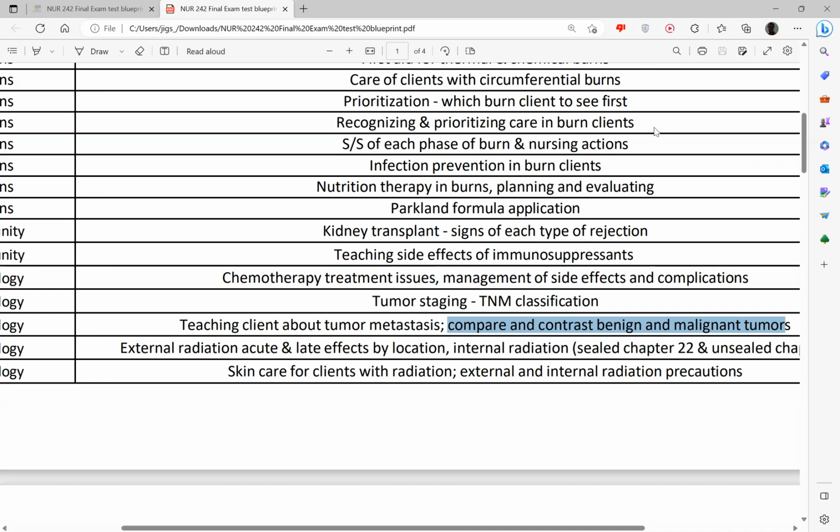Which one is poorly differentiated? Malignant. What does differentiation mean? It means the cell resembles the original body cells.